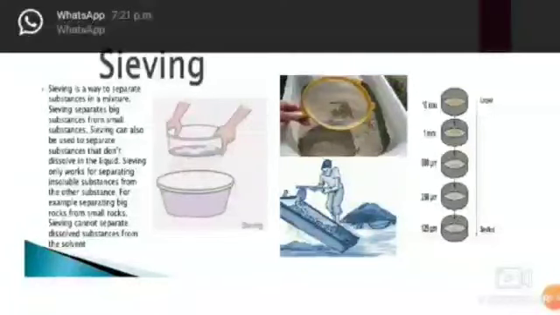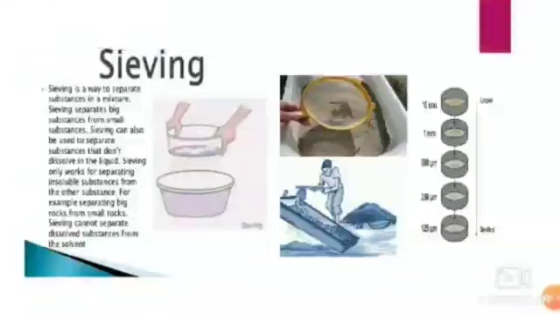In this picture, you can see a lady separating the bran from the flour at home to make some food article. In the other picture, you can notice that a person is separating some heavy stone particles from the sand with the help of a sieve.